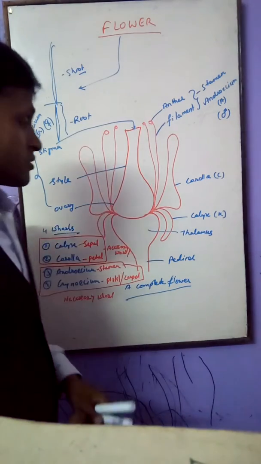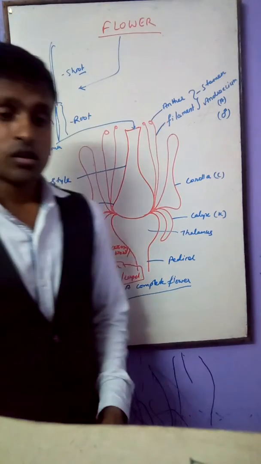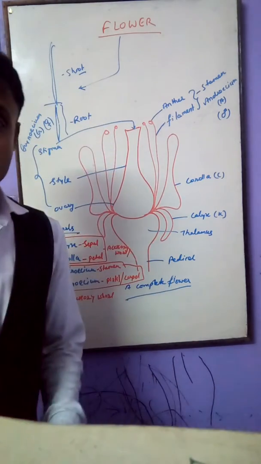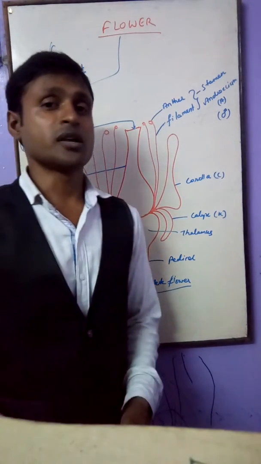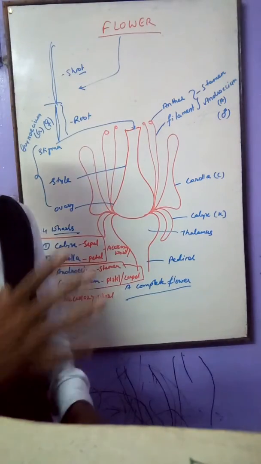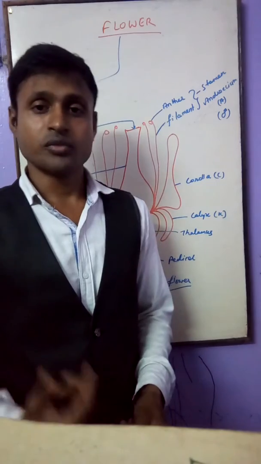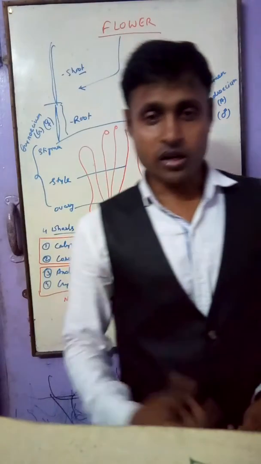So the flower is very important for those plants who can go for sexual reproduction to produce the same kind of plants. As we know, not all plants bear flowers, because we have already studied that there are two types of plants.